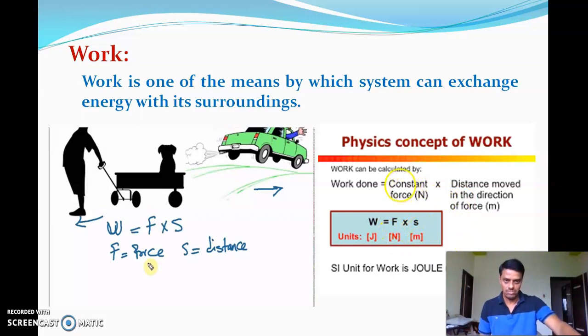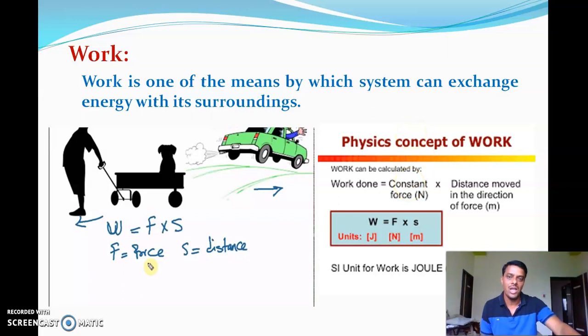Sometimes the mathematical form of work is also given as W is equal to F into dl, where dl is the small distance traveled by that object or by the system. Instead of S, sometimes it is taken as dl, small d, small l.